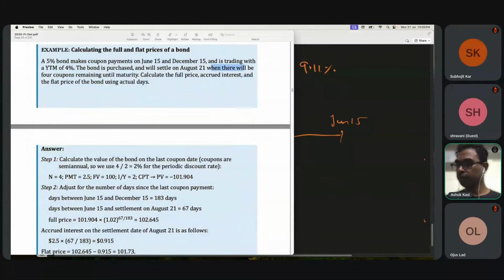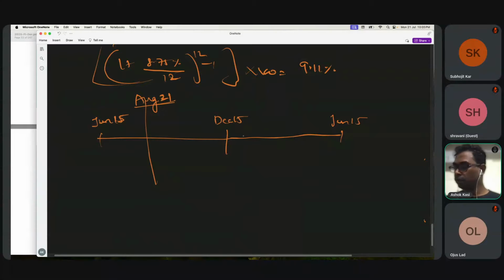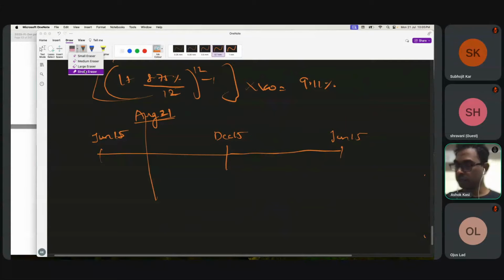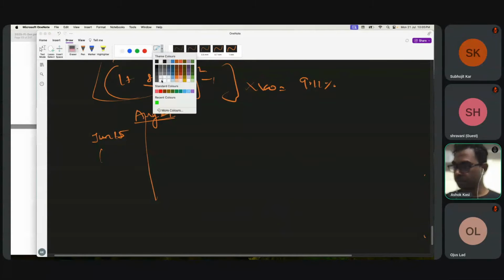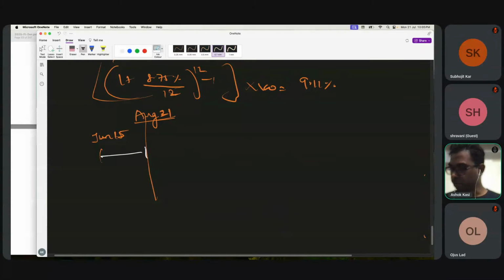There will be 4 coupons remaining. Here you should draw the timeline properly. 4 coupons remaining. So I'll make this timeline a little smaller. From here, 4 coupons remaining means what? This is the first one, December 15. Then June 15.